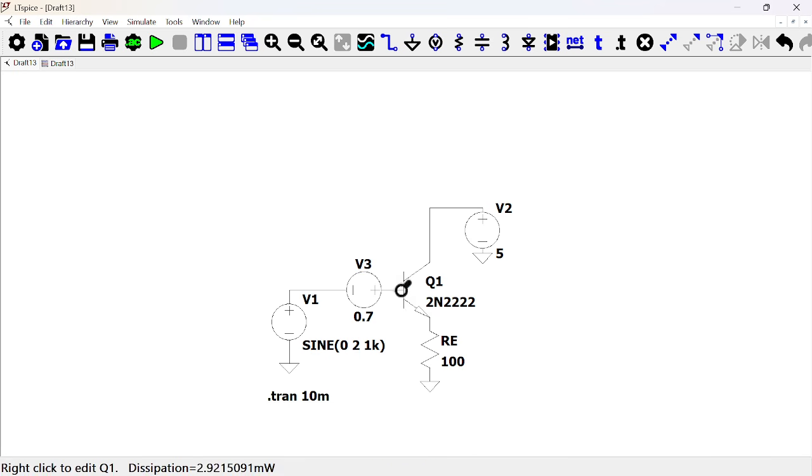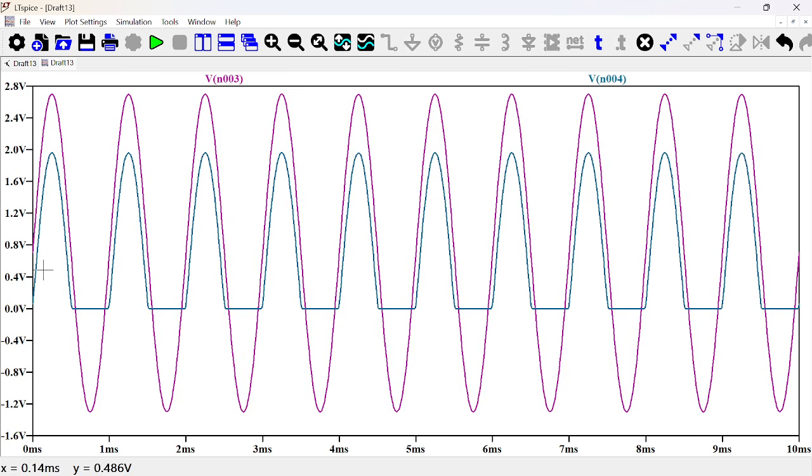Okay, so you should take node 3 and the output being node 4. So you're looking at node 3 and node 4. Node 3 is the new input with bias. So instead of starting from 0, now you're starting from 0.7, as you can see.